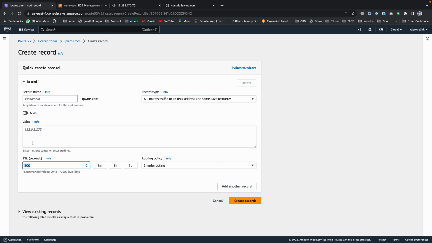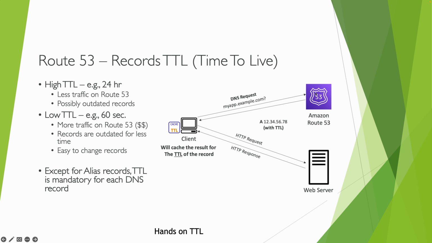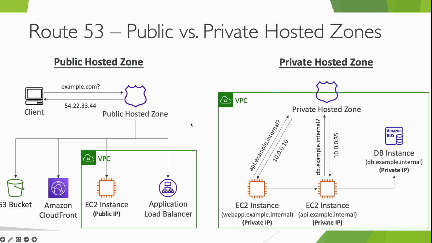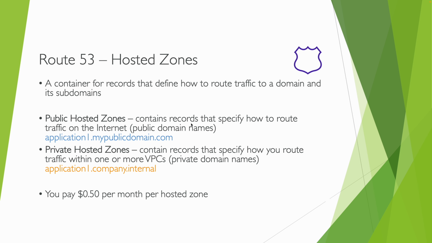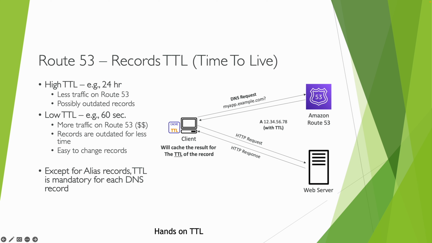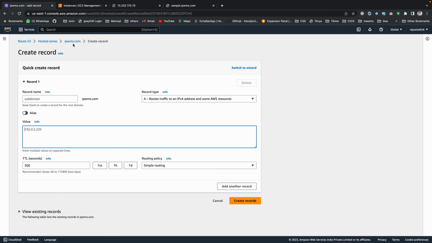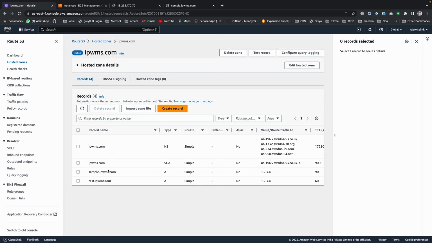We are creating a record and we are giving the IP of that instance. After creating this record we get something like this, right? So sample.ibwms.com, this is a record, and we are setting some TTL.